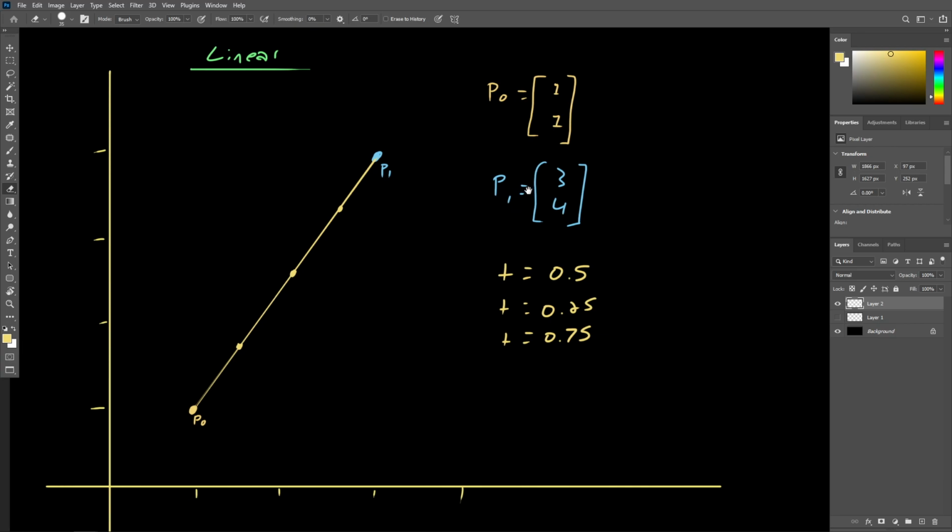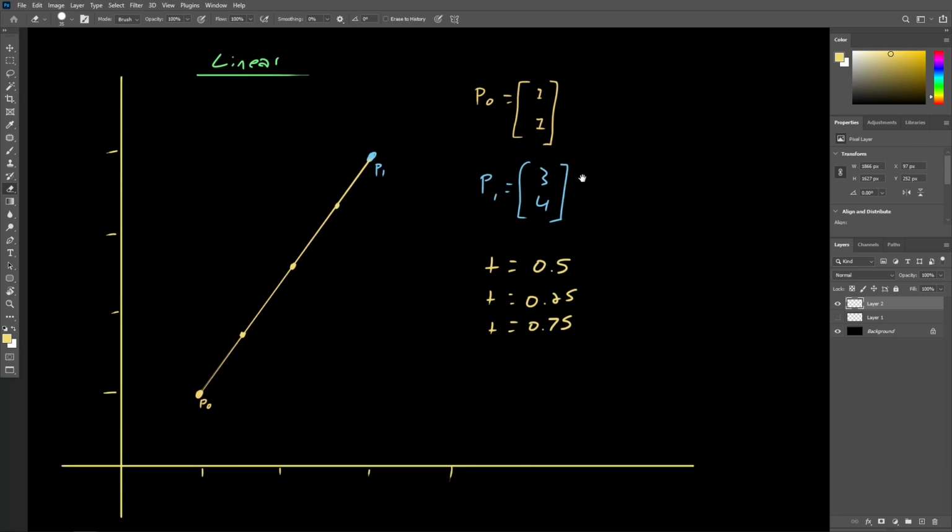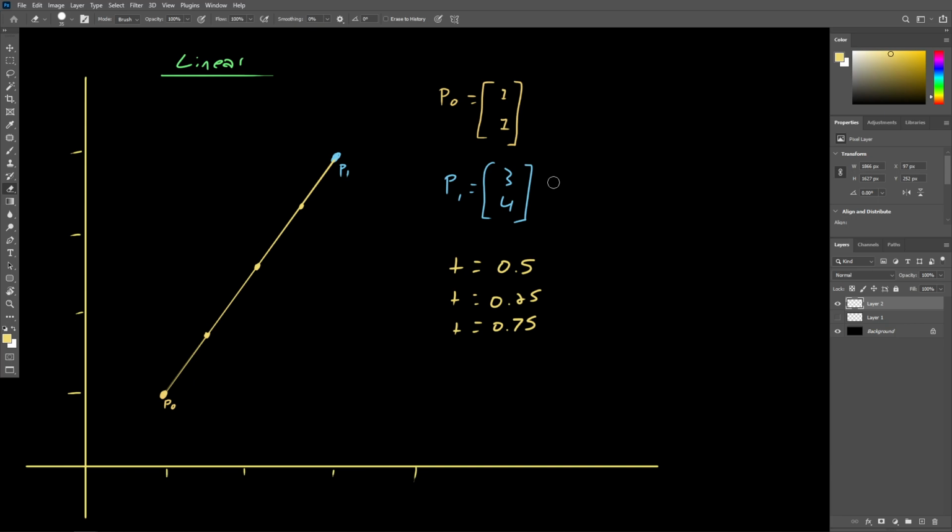Before we move on from this section, let's quickly solve for a single point along the linear Bezier curve. We'll use t equals 0.5, and solve for this point just to see exactly how that works.